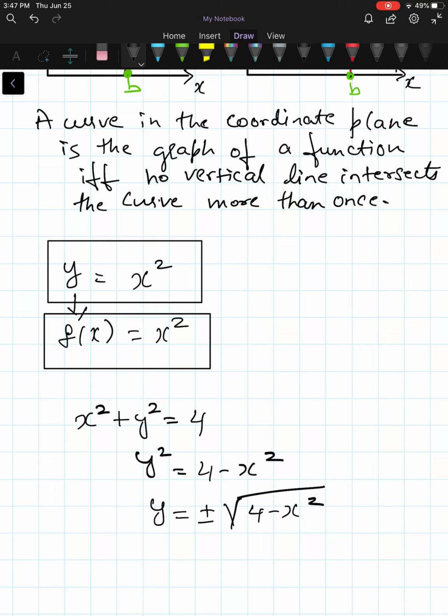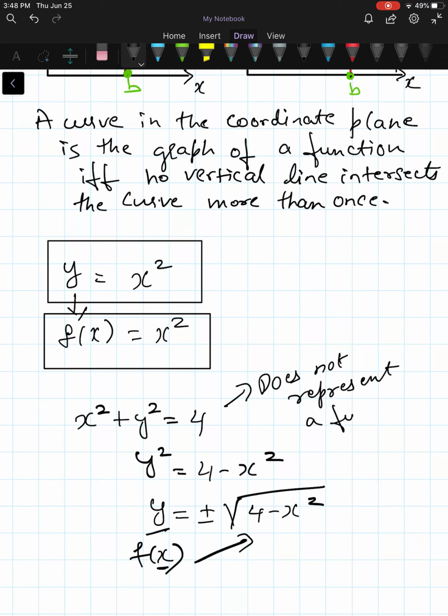Here y is nothing but f of x, right? So if you represent the equation as a function, for one x value you are getting two output values. So this equation does not represent a function.